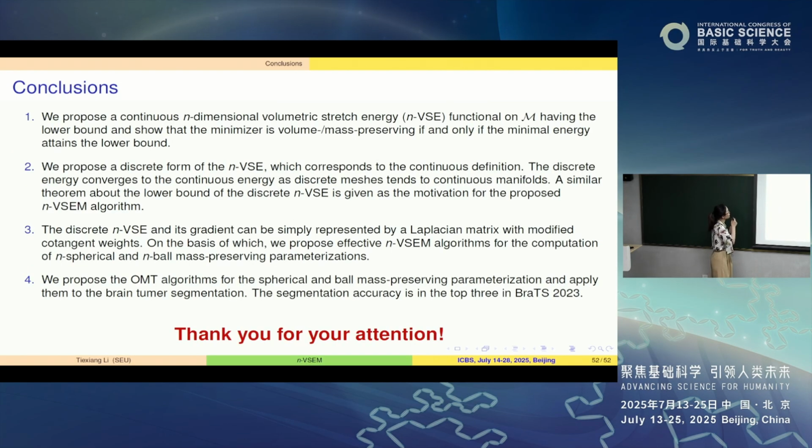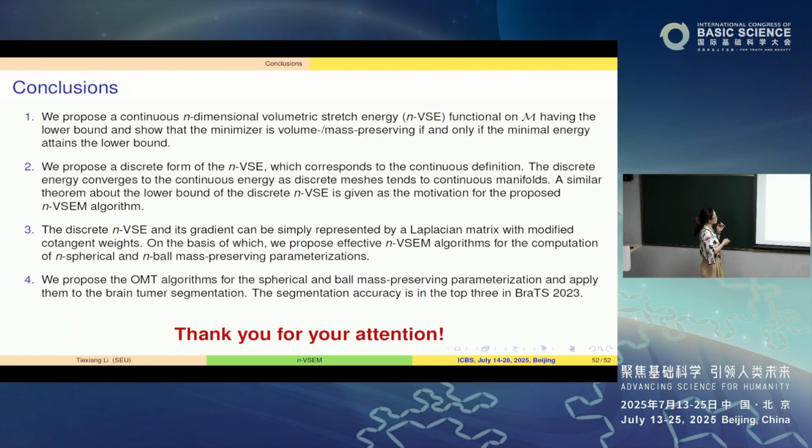In this talk, we propose a continuous ND volumetric structure energy function on M, and this structure energy has a lower bound. We proved that the minimizer is volume mass preserving if and only if the minimal energy attains the lower bound. We proposed a discrete form, which corresponds to the continuous version.